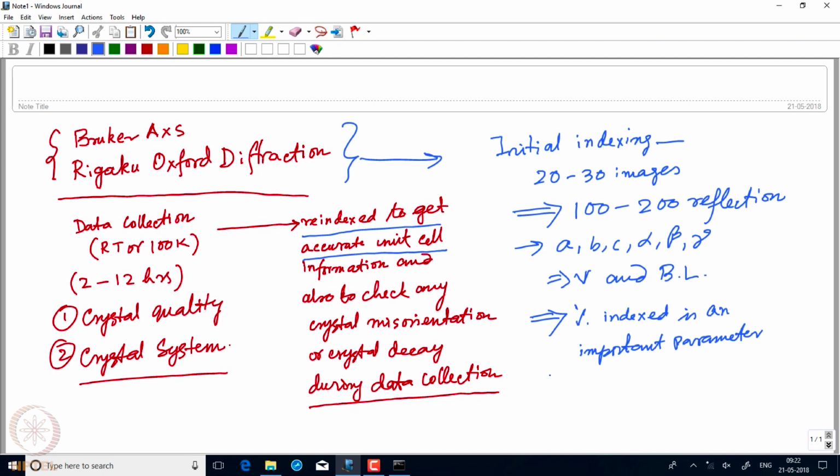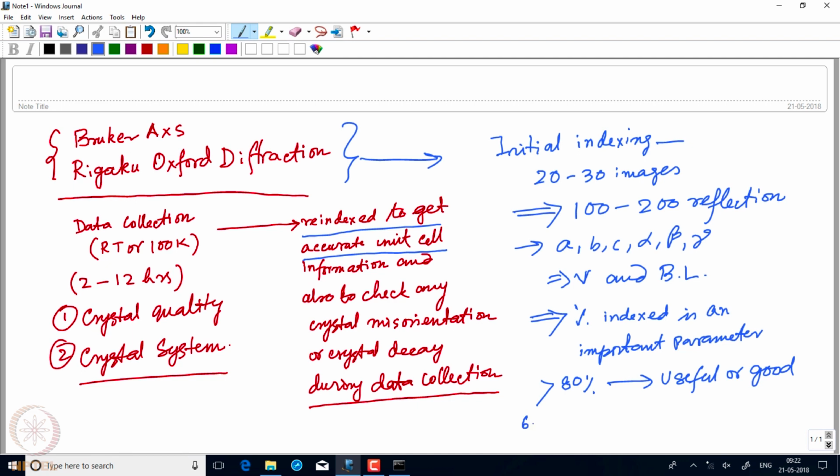If the percentage indexed is greater than 80%, we call it a useful or good quality crystal. Normally this should be as close as possible to 100%.